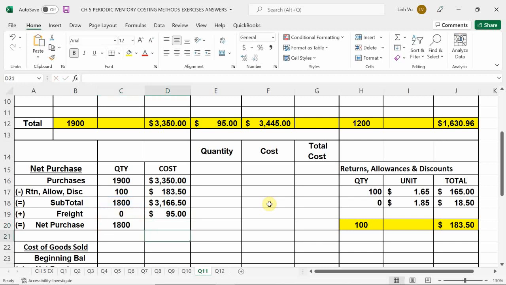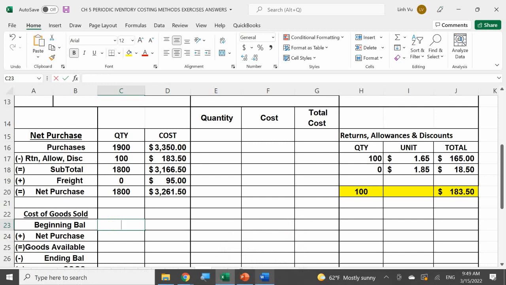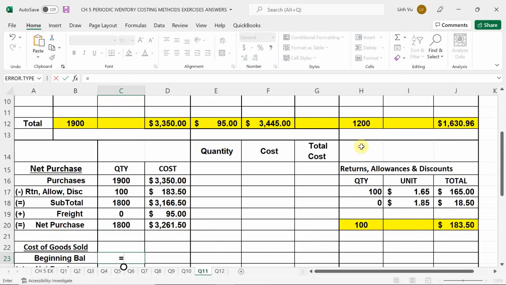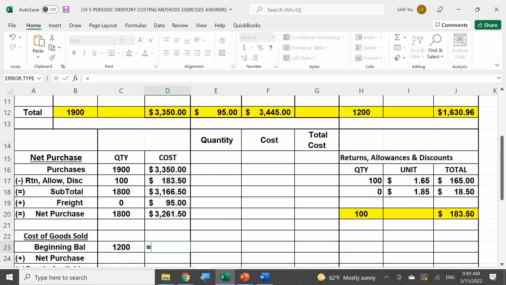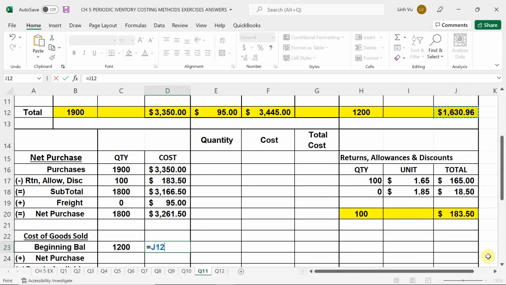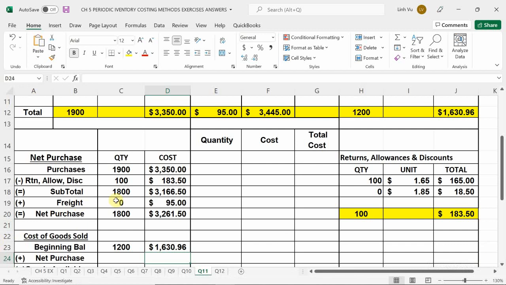Freight, once again, adds 0 to quantity, but this $95 does add to the cost. So right now I have a total of 1,800 units at a total cost of $3,261.50. We have a beginning inventory of the 1,200 that we carried over from the previous scenario, costing a total of $1,630.96.